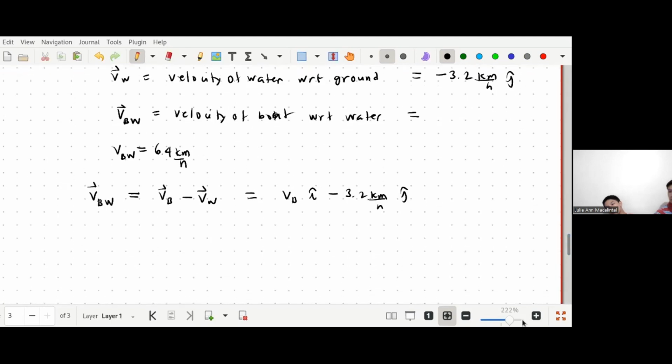And our constraint is that the magnitude of V sub BW is 6.4 kilometers per hour.